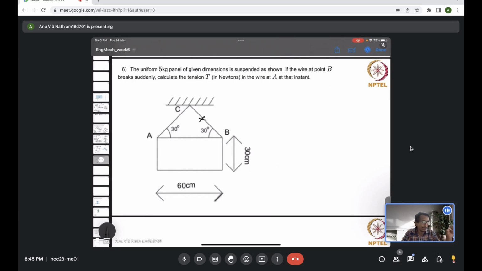So you have to try to draw the free body diagram. Okay. So intuitively think what will happen. Not to draw the free body diagram, but you have to think what is going to happen for this. The system was in equilibrium, and suddenly the right string is broken. Now what will happen?